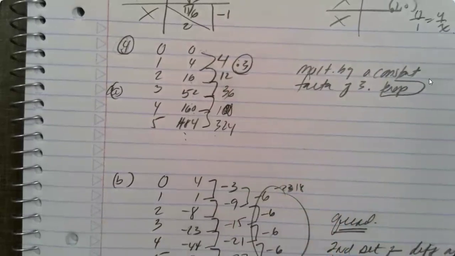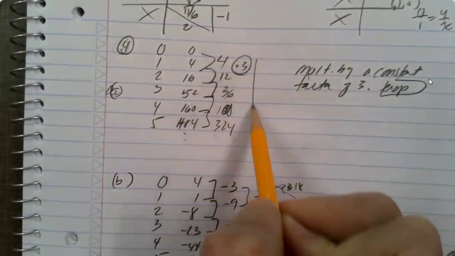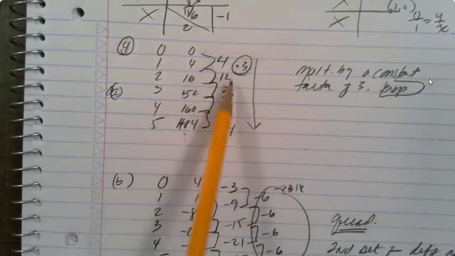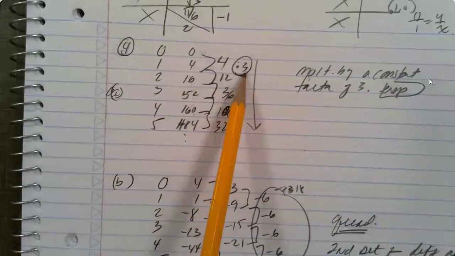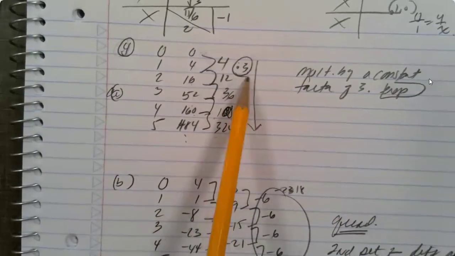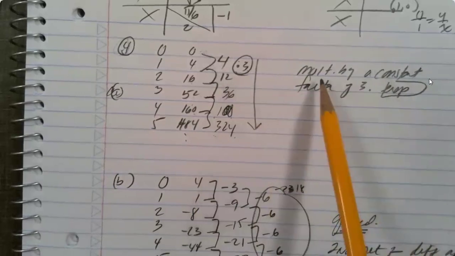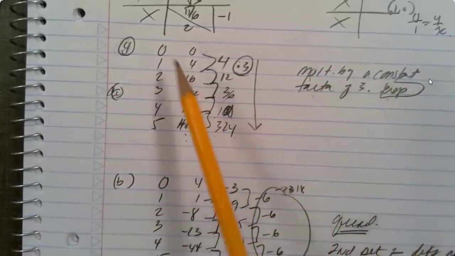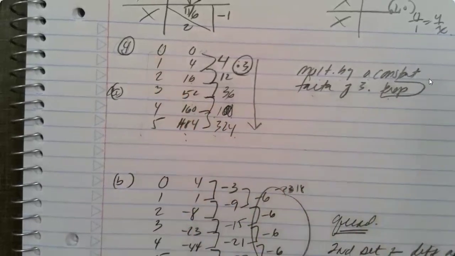But now before I go ahead and take another set of differences, look to see if you're multiplying by a constant. 4 times 3 is 12, 12 times 3 is 36, 36 times 3 is 108, 108 times 3 is 324. Since I'm now multiplying by a constant, by a factor of 3 over consecutive equal length inputs, it's going to be exponential.